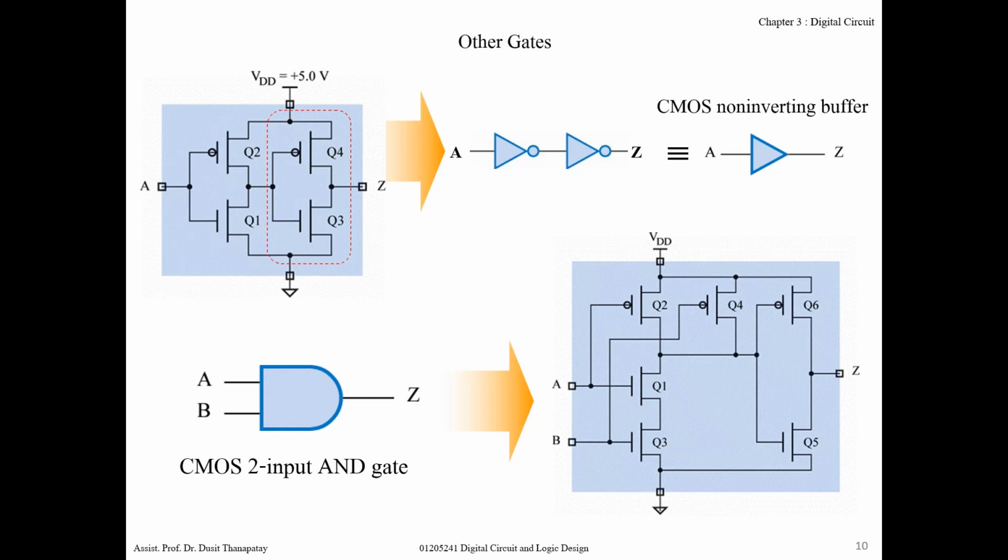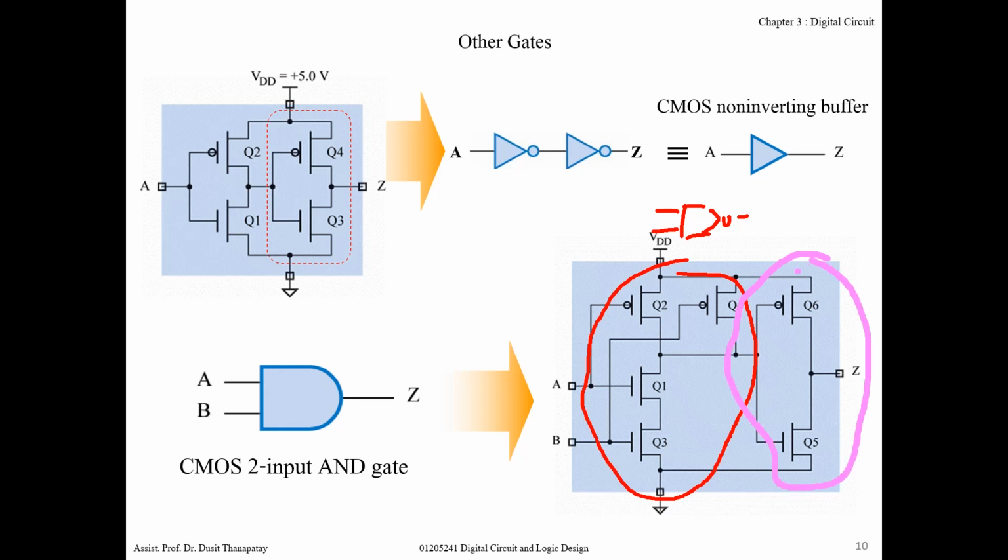And how about this one? For this one, if you can remember, this part is a NAND function, two-input NAND, and this part is an inverter. So the inversion of NAND becomes an AND gate.